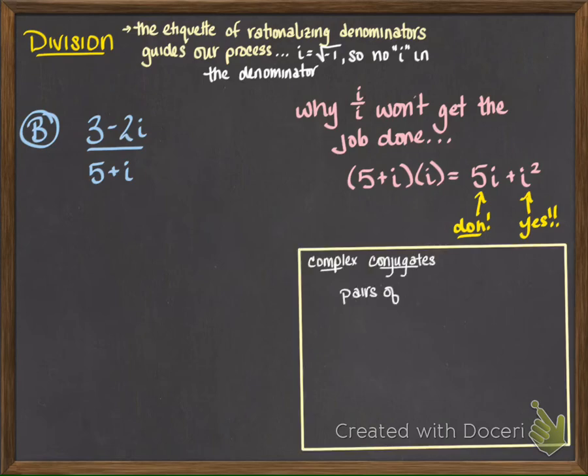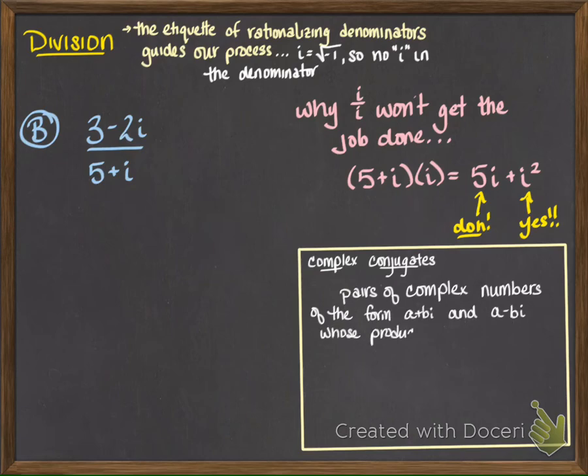Here's where the complex conjugate comes in. Conjugate pairs are complex numbers that result in real numbers when you multiply them. Format-wise, it's a plus bi, a minus bi. Now, we've seen things formatted like this before. These are the factors when we factor the difference of squares. It's the product of a sum and a difference.